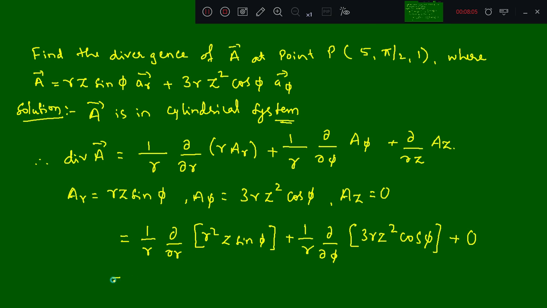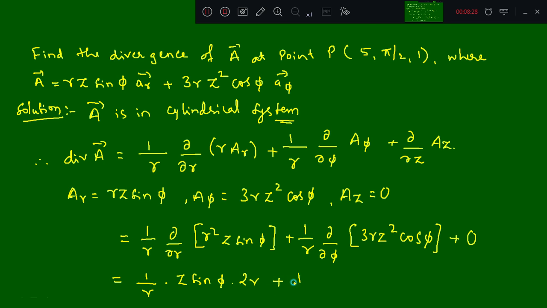Then 1 by r remains, and dou by dou r of r square, with z sine phi taken outside as a constant, becomes 2r.